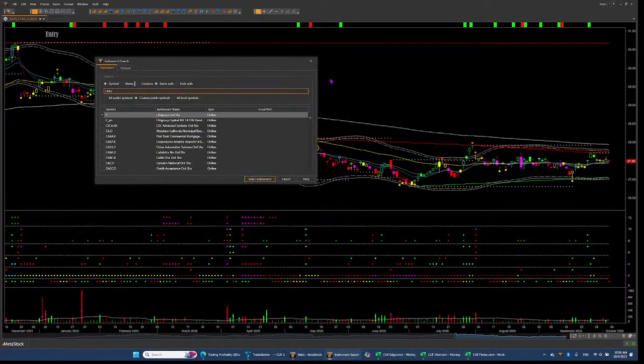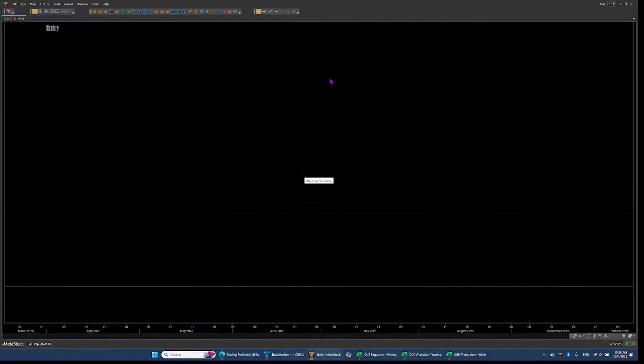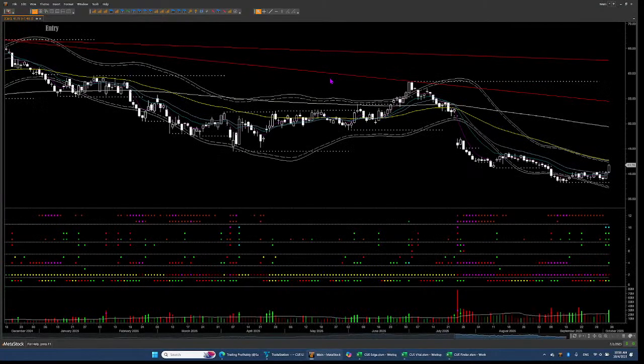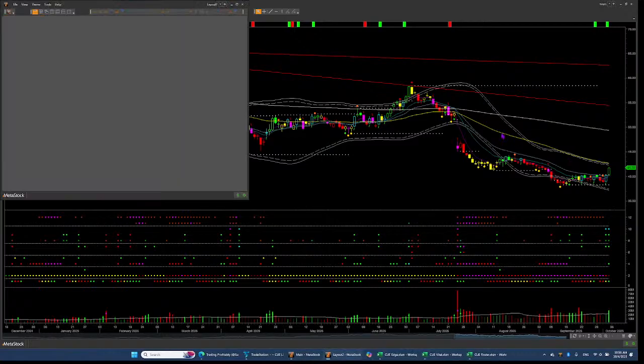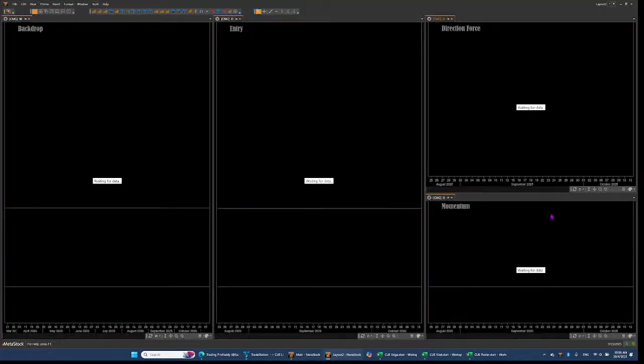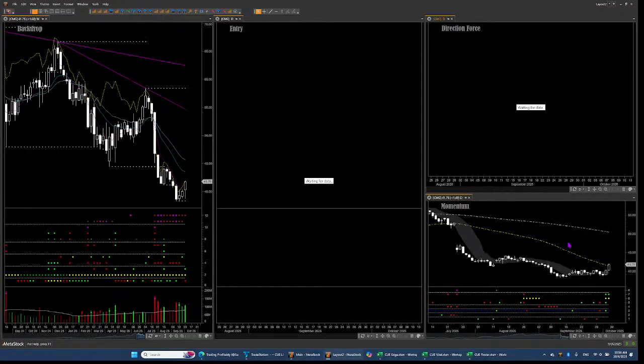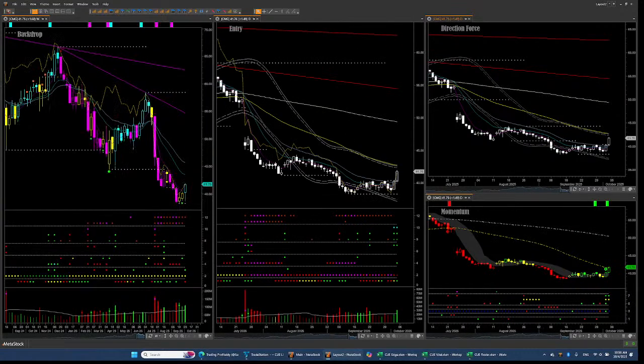I came to Q Global or Metastock because I would like to show you something that is available more clearly, more visually on the Q Global charts. And especially on this multi-chart layout which shows direction force and momentum count.